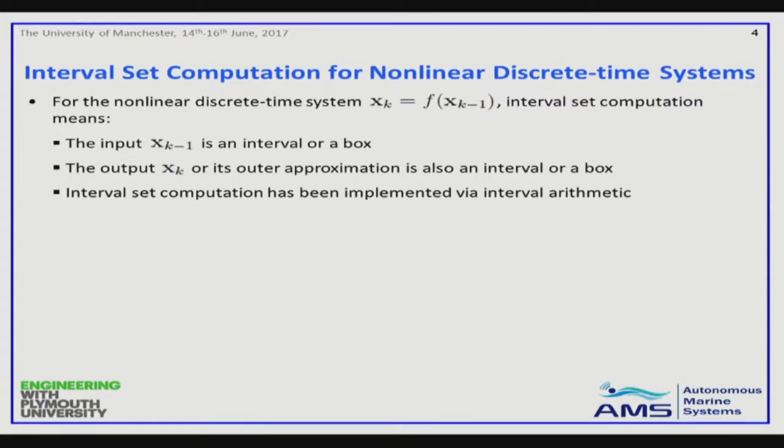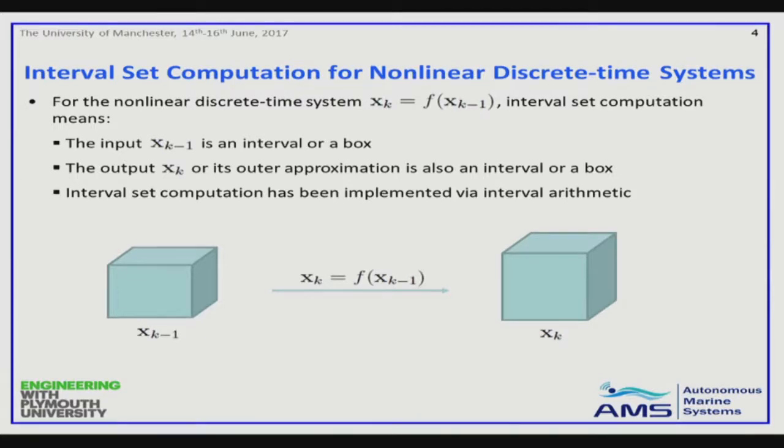So that is the method we are all very familiar with. Your input is a box, your outer approximation is another box. Your system is nonlinear, and you use interval arithmetic to do all the calculation for the nonlinear system. So that is the way for interval set computation.